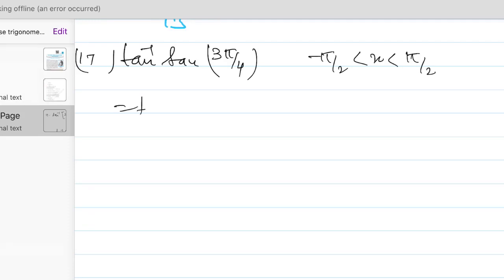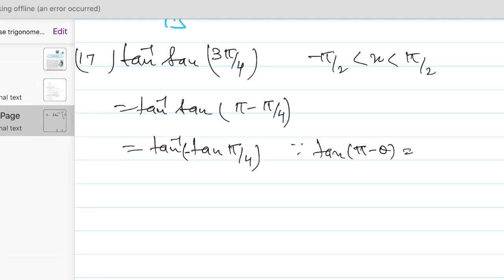So the angle 3 pi by 4 can be written as pi minus pi by 4. Tan inverse tan, and we know that tan pi minus theta is equal to minus tan theta.